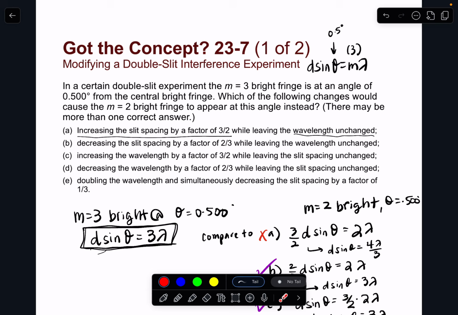Does that make sense? So let's look at part A. So we're going to increase the slit spacing by 3/2. So we're going to multiply d by 3/2. And we are not going to change the wavelength. So if we multiply d by 3/2 and we leave the wavelength, I wrote a 2 here.